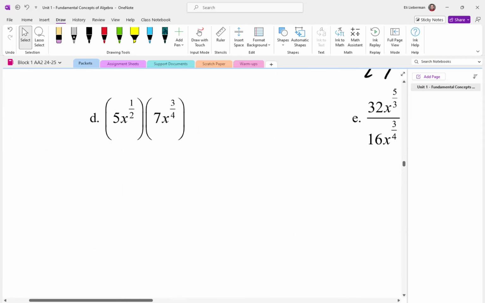Okay, this one. What's the base of this 1/2? The base of 1/2 is just x. And the base of the 3/4, also just x, which means we're free to take the 5 and 7 and multiply them together. So we get 35 times x to the, what should I do with the 1/2 and 3/4? Add them together. How do we know we add them together?